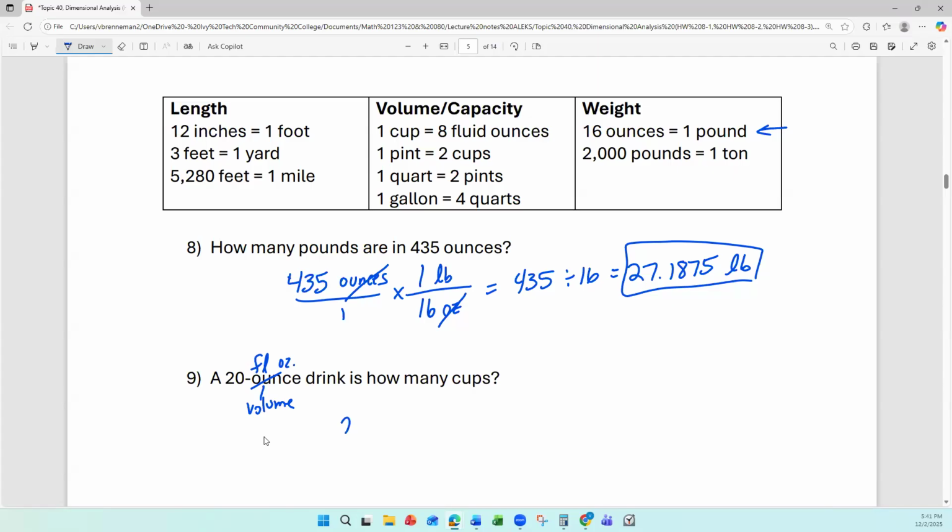So I start with the 20 fluid ounces over 1. And then I'll use the 1 cup is 8 fluid ounces. So I put the 8 fluid ounces on the bottom and the 1 cup on the top so that I have fluid ounces on the top and the bottom. Those cancel. And I'm going to take 20 divided by 8, which is 2.5 cups.